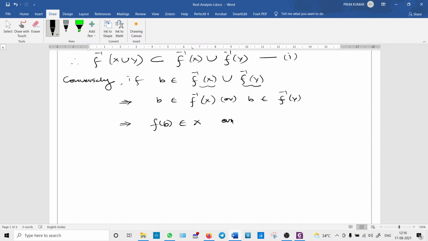X. Or here my f of b must belong to Y. Same thing. So f of b belongs to X or Y, then this f of b belongs to X union Y. If f of b belongs to X union Y, then my b belongs to f inverse of X union Y.